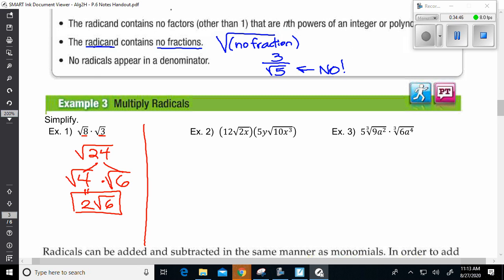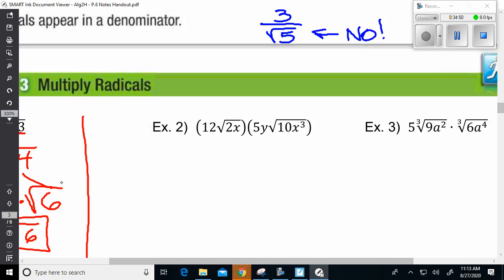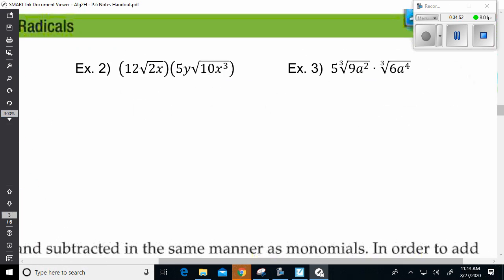All right, example 2, a little bit different, because now you have values outside the radical. So if you have things sitting on the outside, you multiply those first. So 12 and 5y have to get multiplied together.